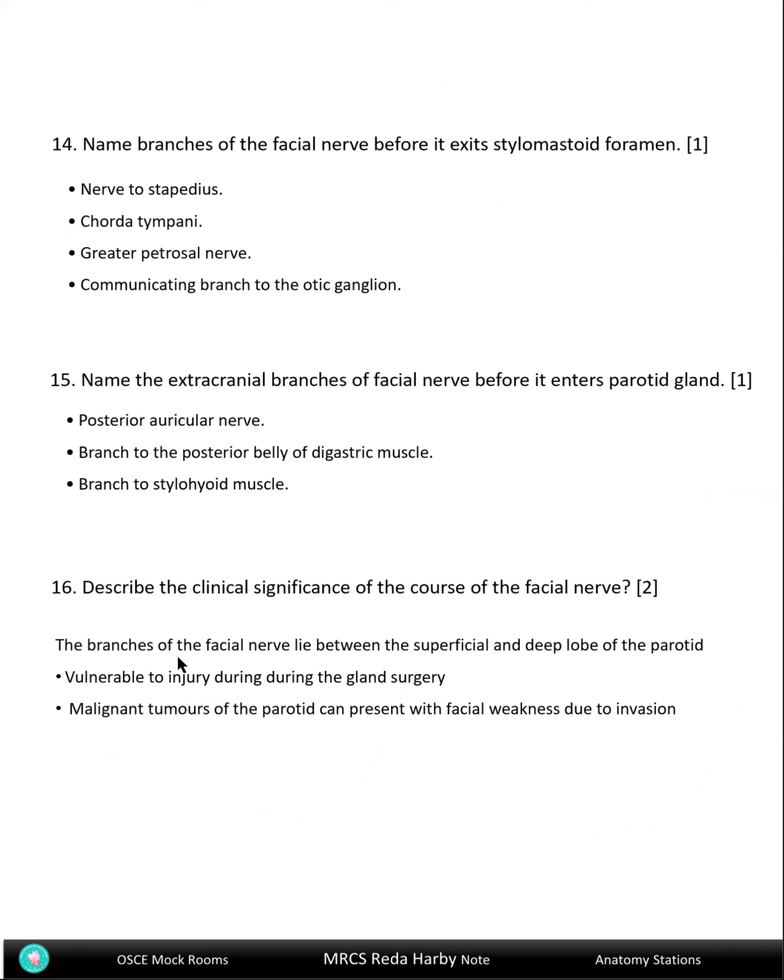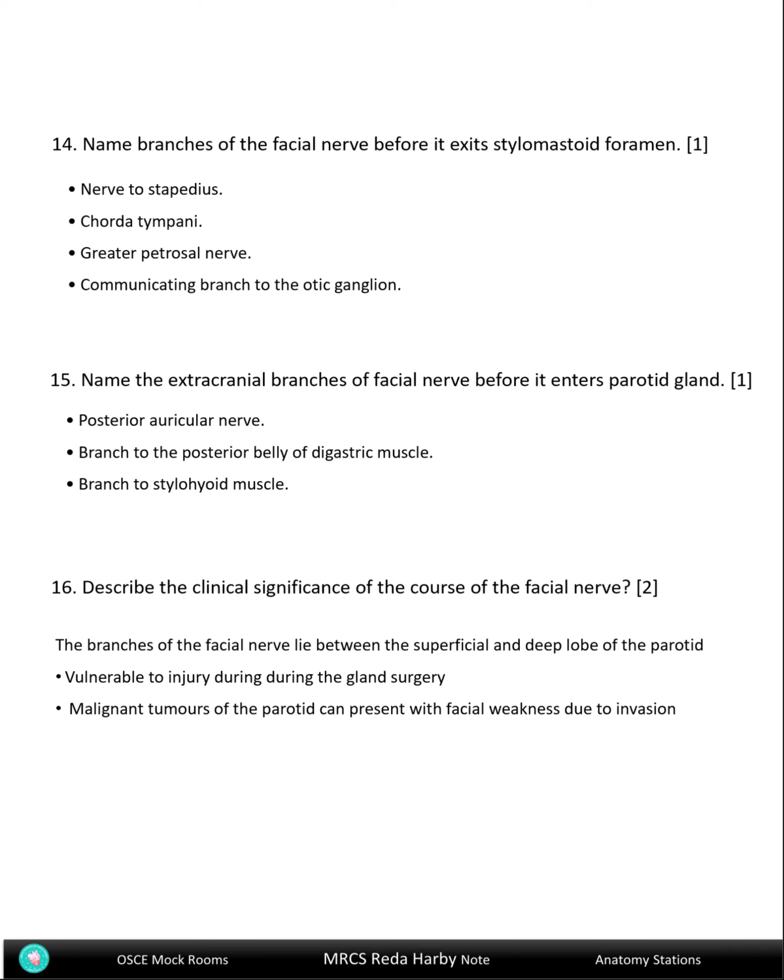Excellent, thank you. So what is the clinical significance of the course? We said that the branches between the superficial and deep lobe of the parotid are vulnerable to injury during gland surgery, and also to malignant tumors of the parotid, like which tumor? It is pleomorphic adenoma.